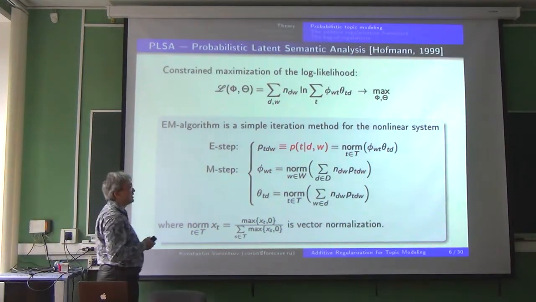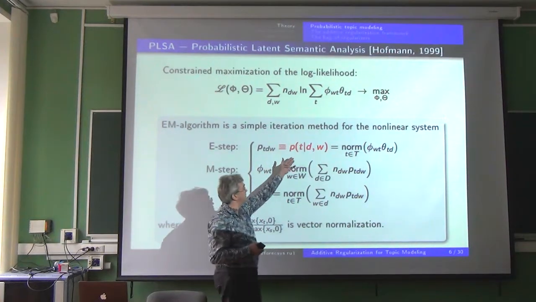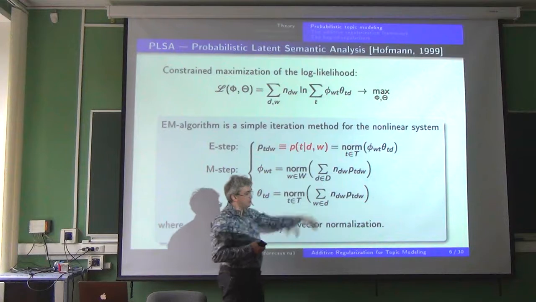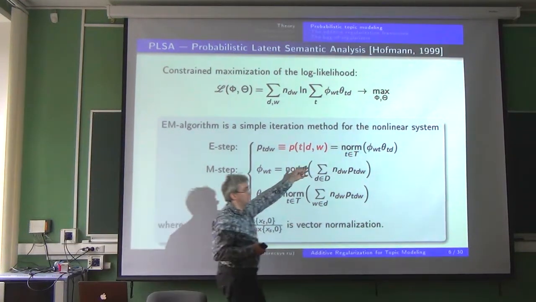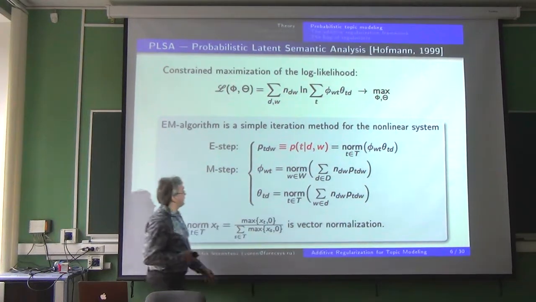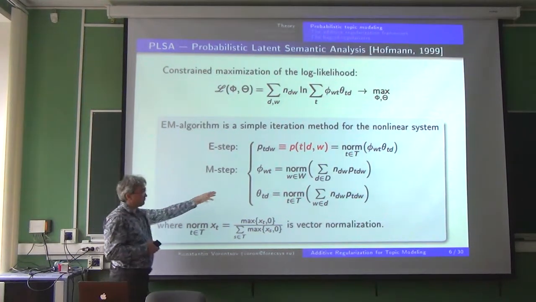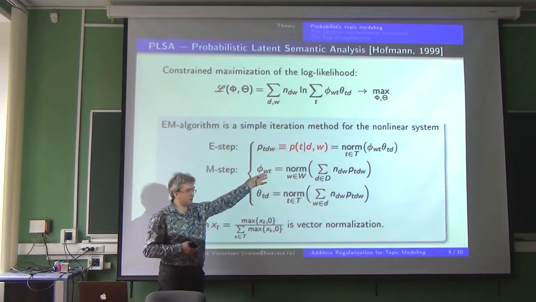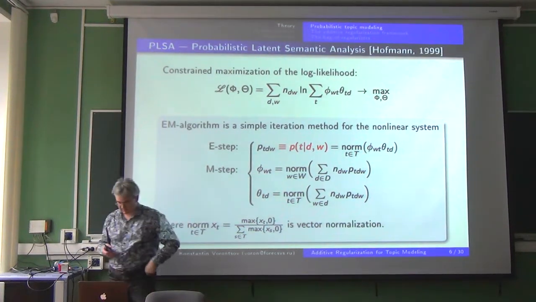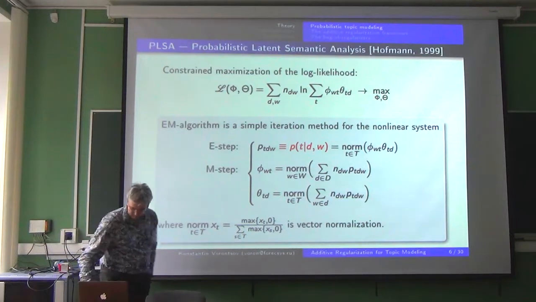At the E step, we estimate the topic distribution for each word in each document, and this is no more than Bayes' rule. The second, M step, is frequency estimation of conditional probabilities of words and topics, and of topics in documents. So this is a very intuitive system that can be solved by the EM algorithm.